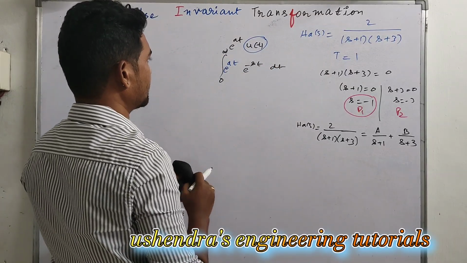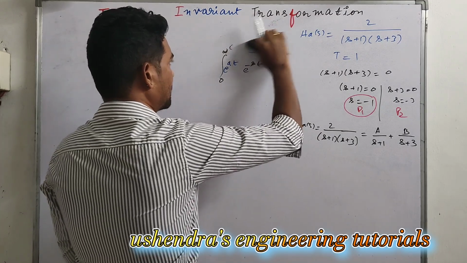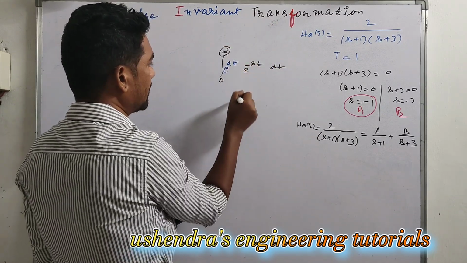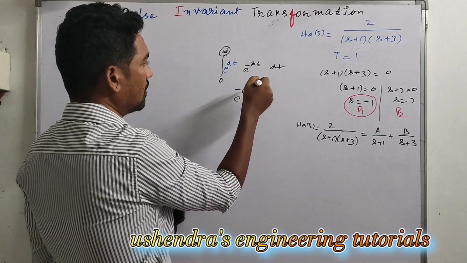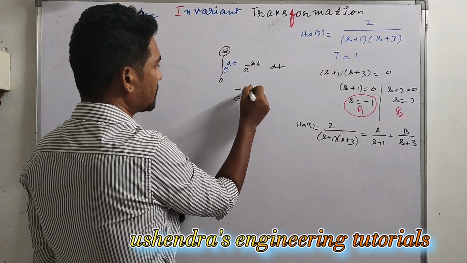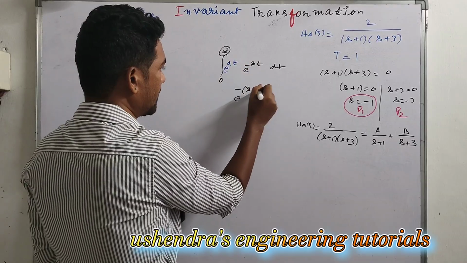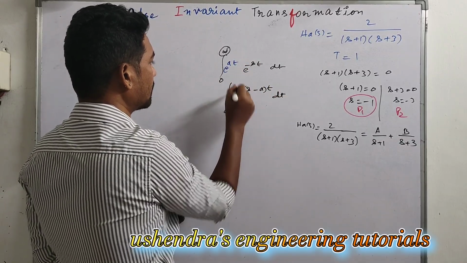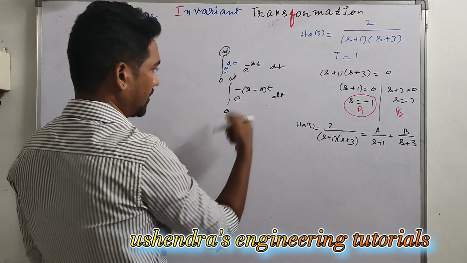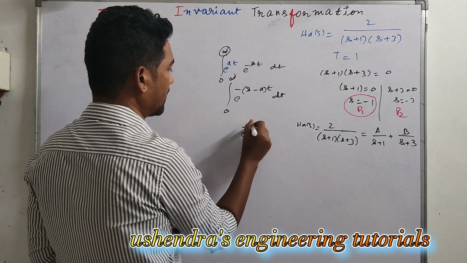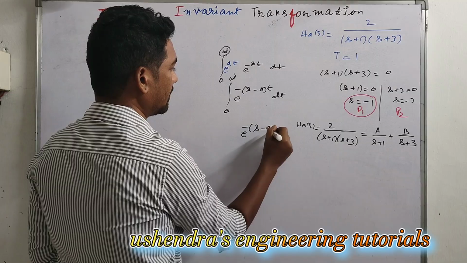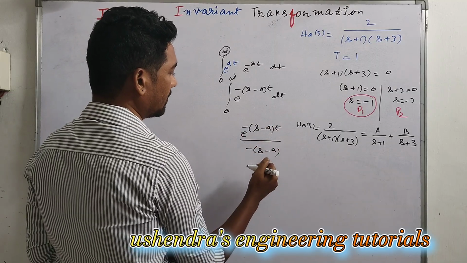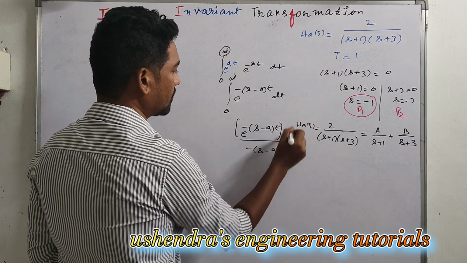Alright, so this is one of the prerequisites, if you have forgotten. We have infinity, so we need to take e raised to negative s common from both the terms: e raised to minus (s minus a) into t dt, integral 0 to infinity. Applying the integration, we have e raised to minus (s minus a) t upon minus (s minus a), with the limits 0 to infinity.